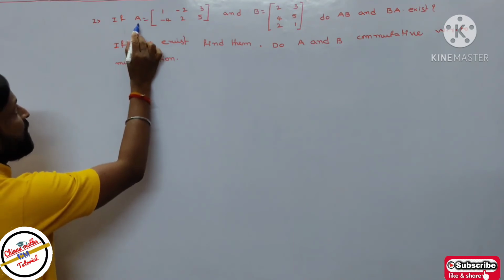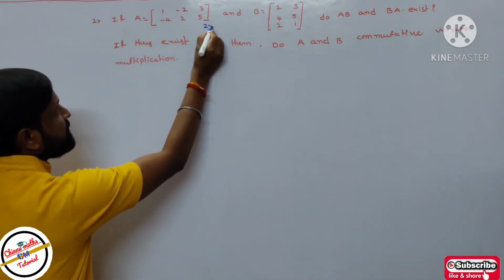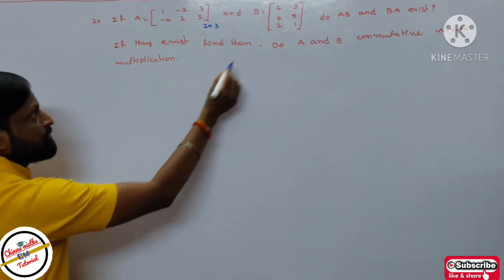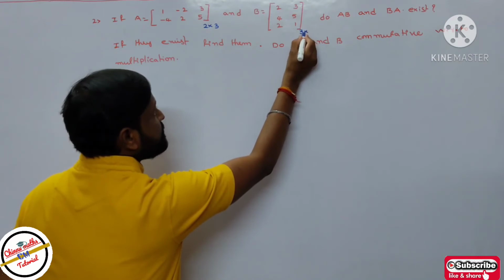Before that, write the order of the matrices. A is 2 rows and 3 columns. B is 3 rows and 2 columns.